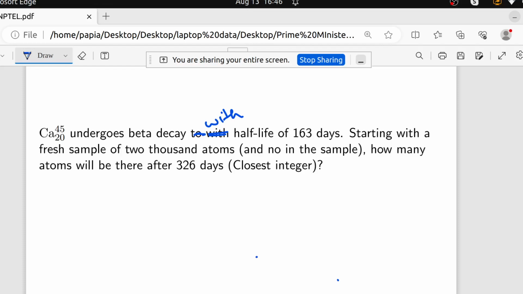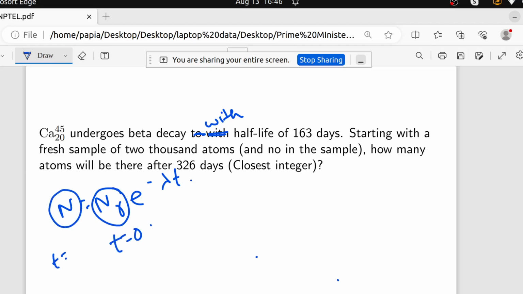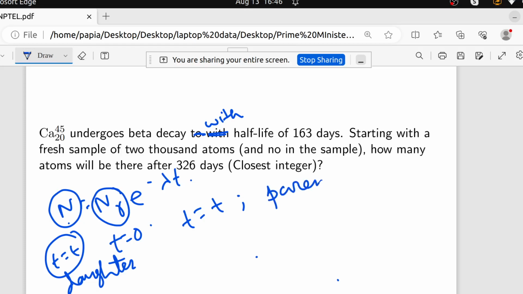So N will be N0 e to the power minus lambda t, as I already told so many times. N0 is the number of atoms at t equals 0. N is the number of daughter particles. So at t equals t, how many parent particles will be there?